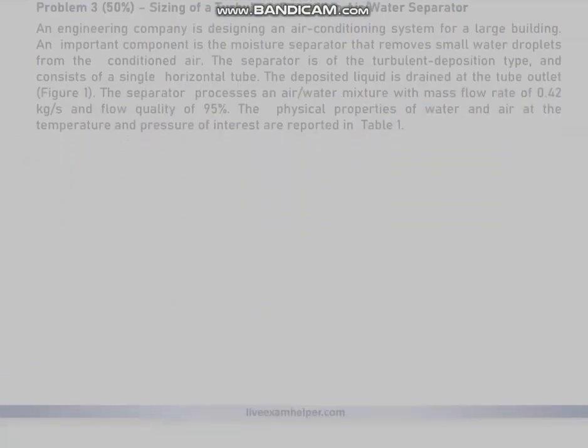Problem 3, 50%, sizing of a turbulent deposition air/water separator. An engineering company is designing an air conditioning system for a large building. An important component is the moisture separator that removes small water droplets from the conditioned air. The separator is of the turbulent deposition type and consists of a single horizontal tube.